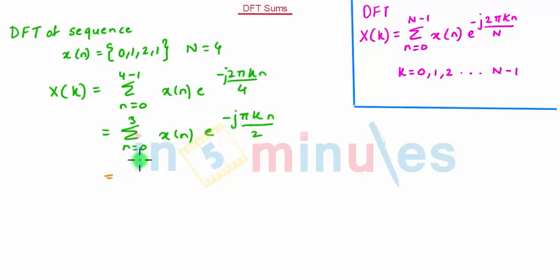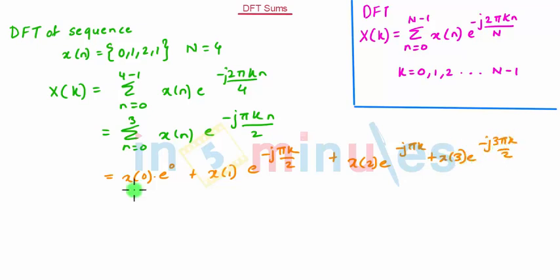First, when n is equal to 0, x of 0 into e raised to 0, plus when n is equal to 1, x of 1 e raised to minus j pi k by 2, plus x of 2 e raised to minus j pi k when n is equal to 2. When n is equal to 3, plus x of 3 e raised to minus j 3 pi k upon 2.